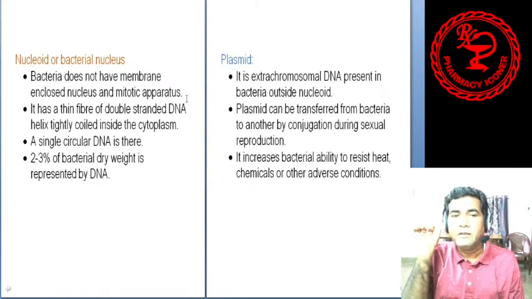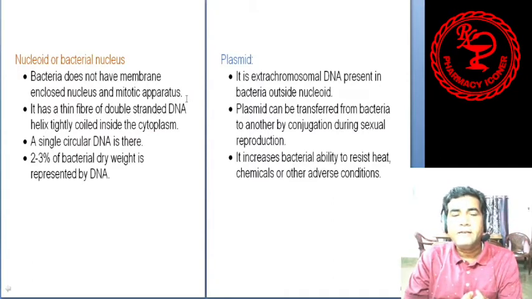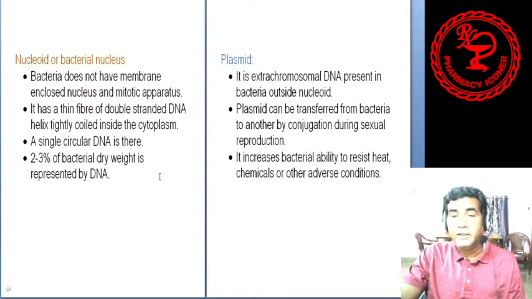A single circular DNA is present in the nucleoid. The DNA, this is very important, forms 2 to 3% of the bacterial dry weight.